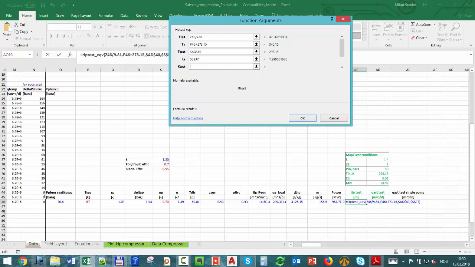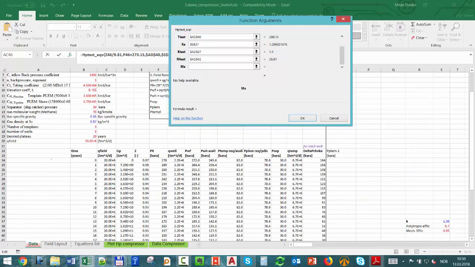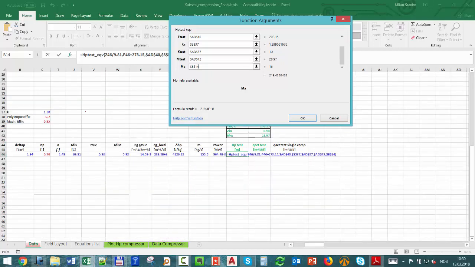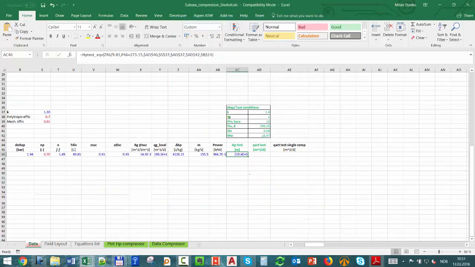The K of the test: I did the test with air, so I also block it. Now I need just the molecular weight of the test, it's here. The actual molecular weight is methane, and it's here. Block it, and I got to 19.